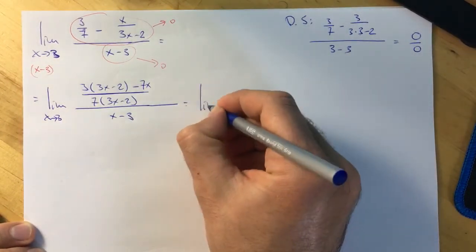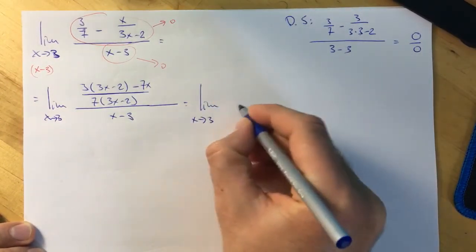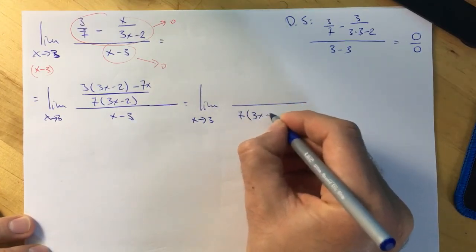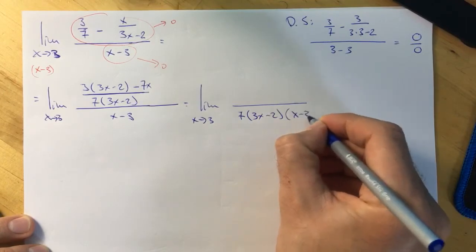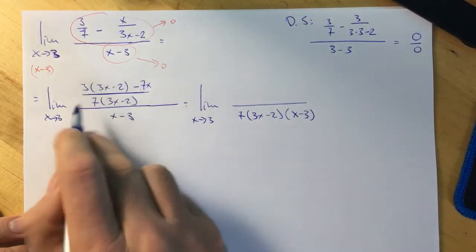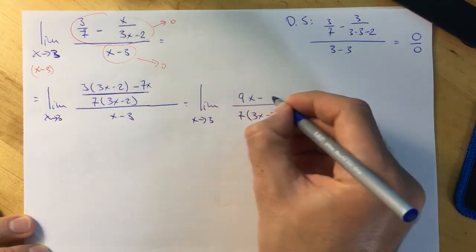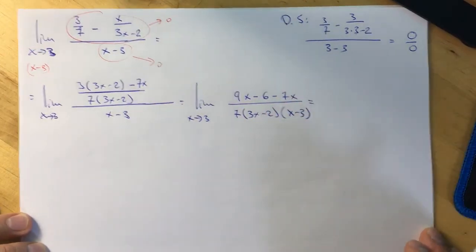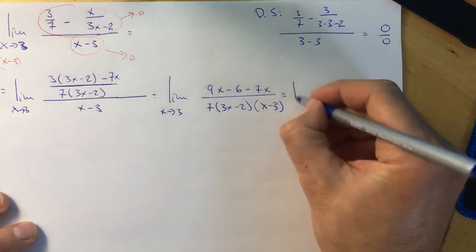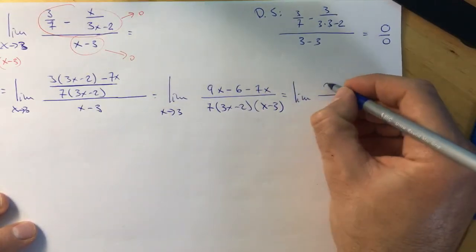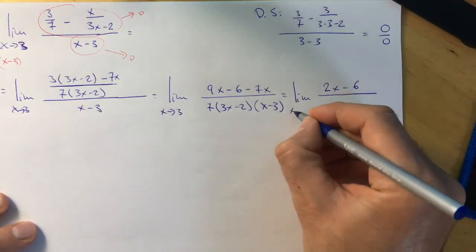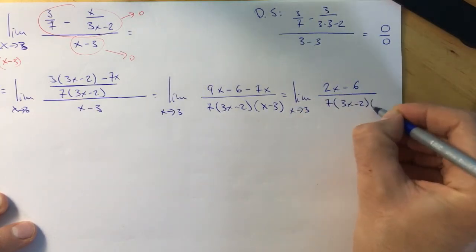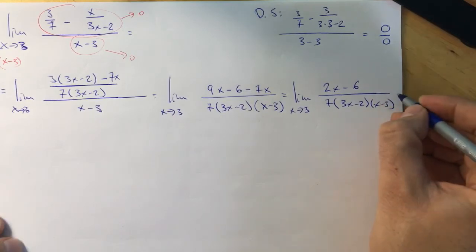Now this is equal to the limit as x goes to 3 of 7 times (3x minus 2) times (x minus 3), and drop the parentheses here, you get 9x minus 6 minus 7x. Now 9x minus 7x is 2x minus 6, as x approaches 3. In the denominator I have 7, (3x minus 2), (x minus 3).